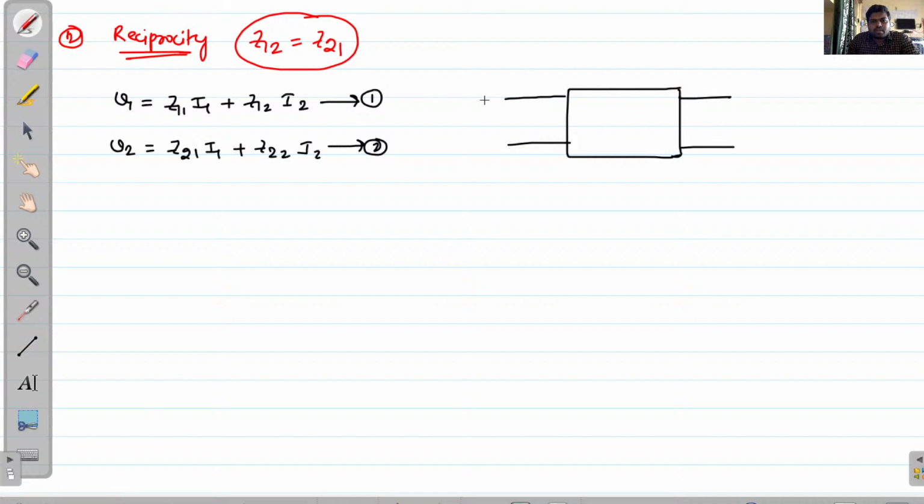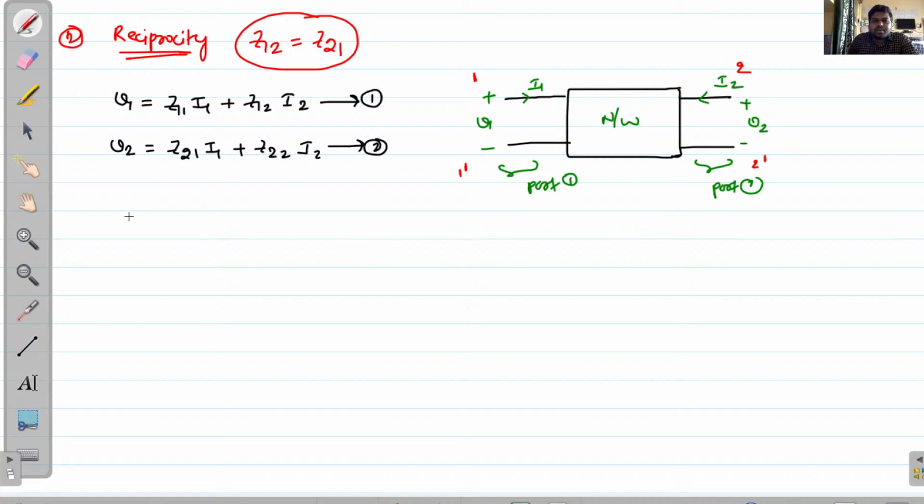Here I will take plus or minus V1 and this is the I1 current. This is your network, and this is plus or minus V2, and this is I2. This is port 1 with 1 dash terminal, and this is your port 2 with 2 dash terminal. So this is our two-port network.